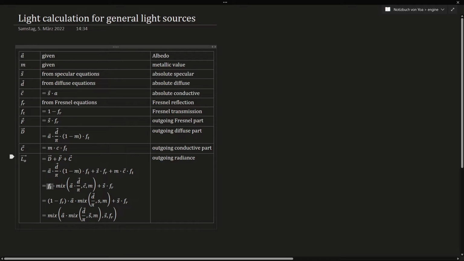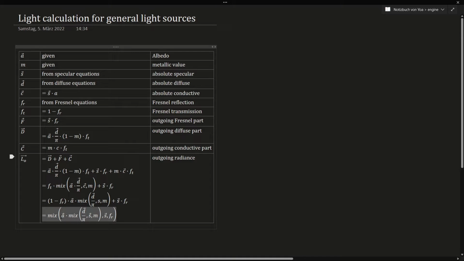Then in the next step, we rewrite FT as 1 minus FR, which we get from up there. And also we rewrite C as S times A, and now again both terms multiply with A, thus we can factor out the A in front of the mix function. Now again we have 1 minus FR and FR, which means we can rewrite this as a mix function again, which leads us to our final term.